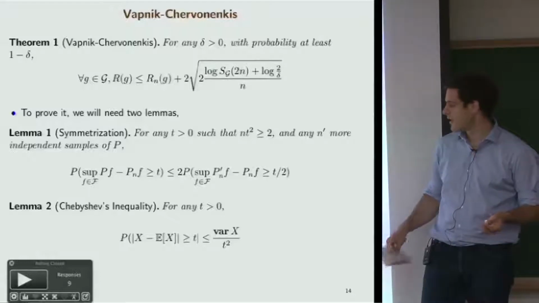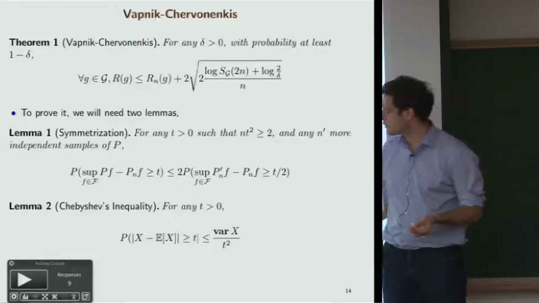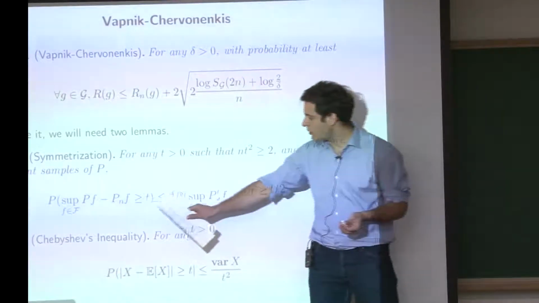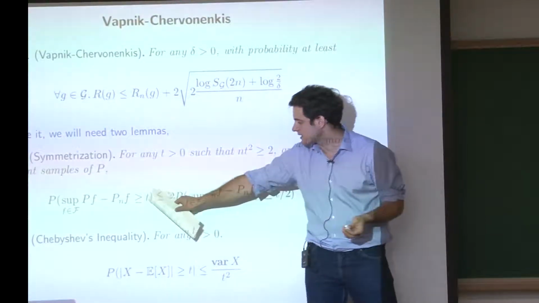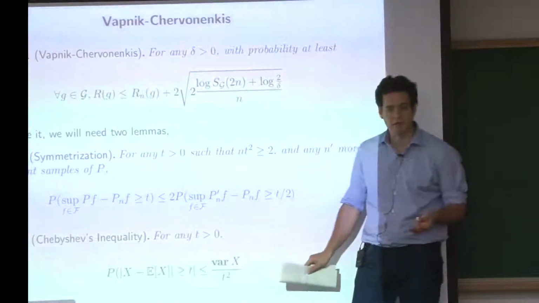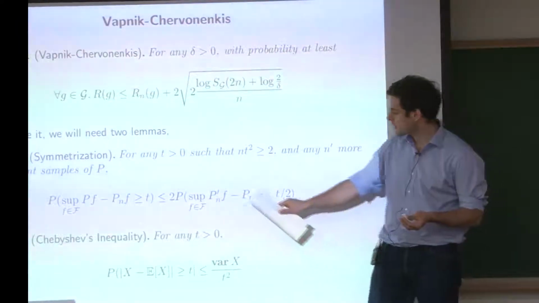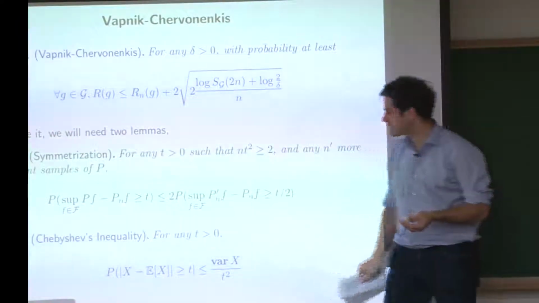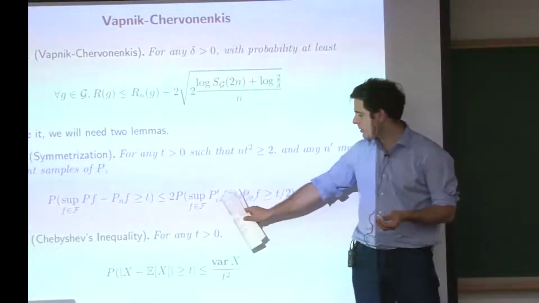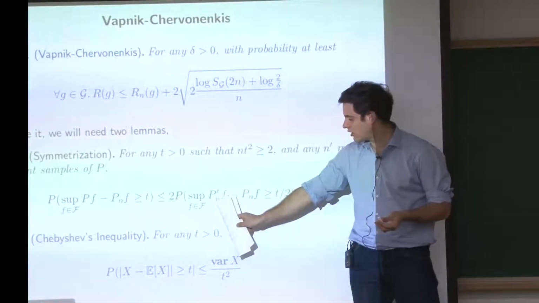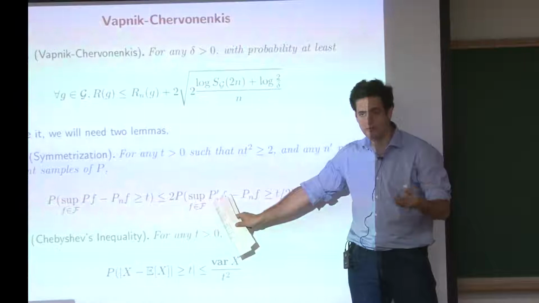In that case, we can prove that the probability of the supremum, this is the classic Hoeffding bound type of quantity, the supremum of the deviation, is going to be smaller than 2 times P of the supremum over the empirical average over n prime.